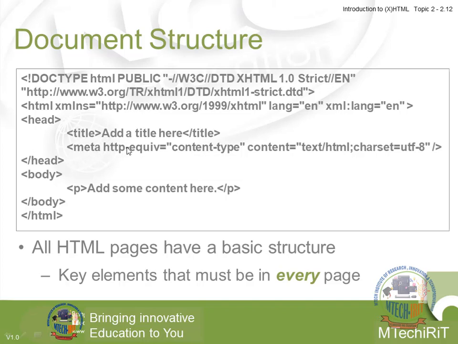We have the meta, and you can see the type, and also other things with the version. And within the body, you're going to place the content that will display to the user. And you can see here we have some content. So always remember, all content you want to display to the user should be placed within the body. There should not be any tag outside the body. That's very important for you to know.